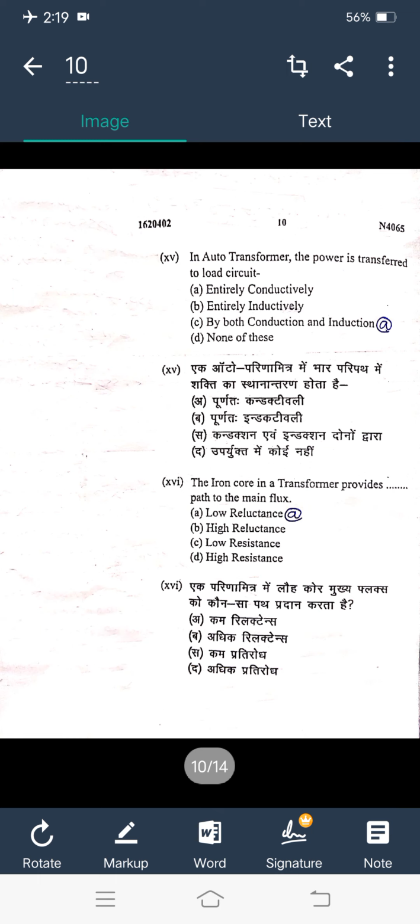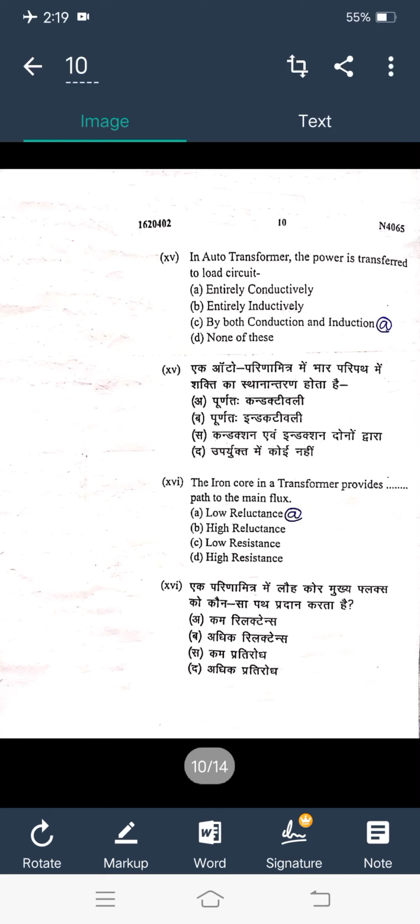Here N1 and N2 are different, but we consider both conductive and inductive properties. So the power is transferred by conduction and induction, option C.